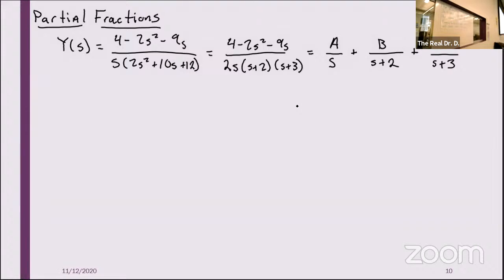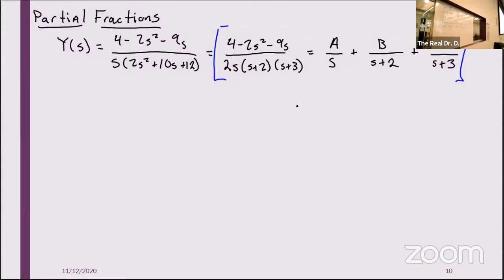So what do we do now? Well, now you multiply through. If these two things are equal, I'm going to multiply through by 2s times s plus 2 times s plus 3, the denominator of the fraction on the left.